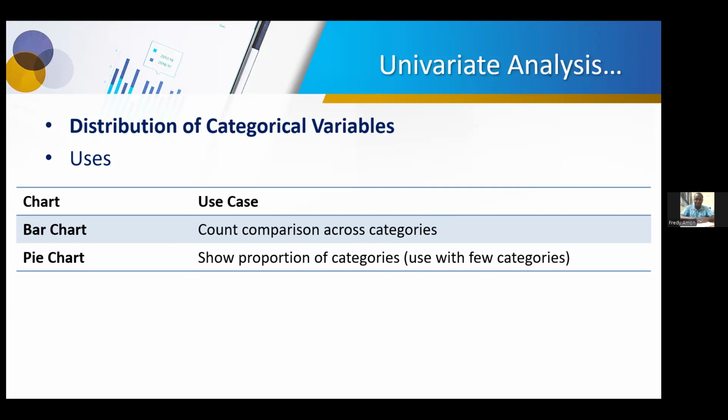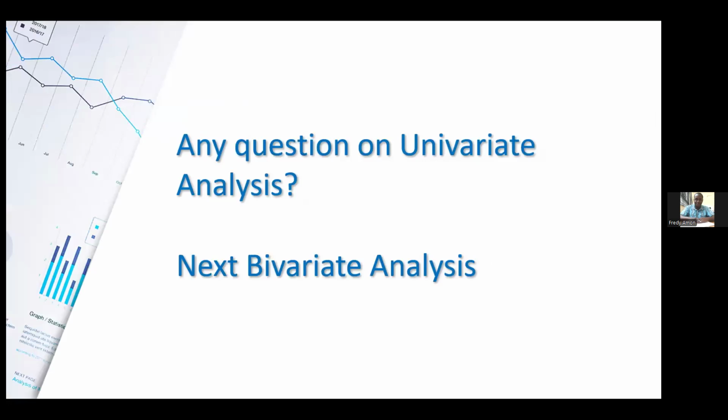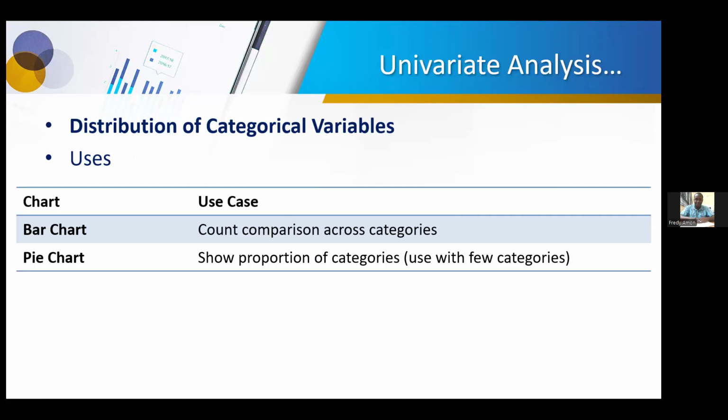That's why in brackets it's written for few categories. If you have a column where you need to see the proportion of each category, you can use pie charts to show it. So basically, what you need to take from univariate analysis is that we analyze a single column alone. Whatever you do, you analyze only a single column of the data set.